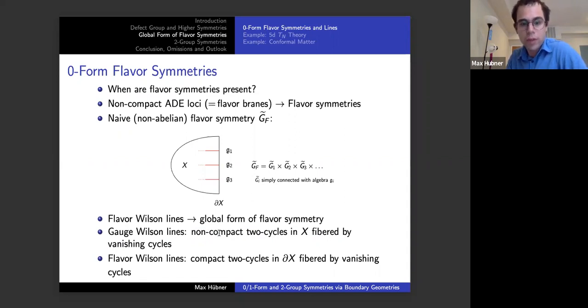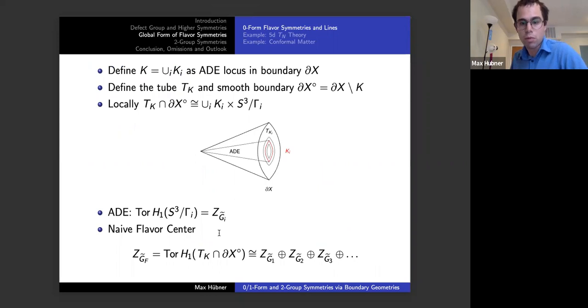So to make this a bit more precise and to permit computation later on, let me introduce a few objects. First, I want to define K as the ADE locus in the boundary. It has irreducible components K_i. I also want to define the tubular neighborhoods of these ADE loci in the boundary, and these are a disconnected sum of the tubular neighborhoods of all the irreducible components.